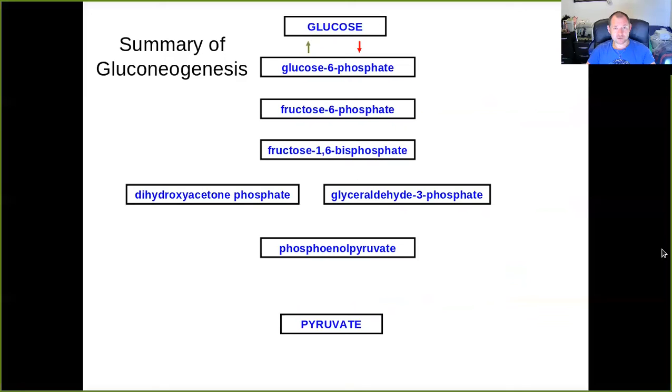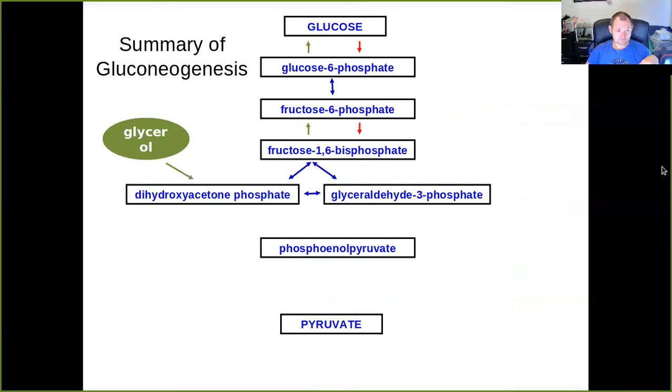Glucose to glucose 6-phosphate can go both ways. Glucose 6-phosphate to fructose 6-phosphate, both ways. Fructose 6-phosphate, then we can go to fructose 1,6-bisphosphate. This is where the dihydroxyacetone phosphate comes in if you have glycerol, and the glyceraldehyde 3-phosphate.